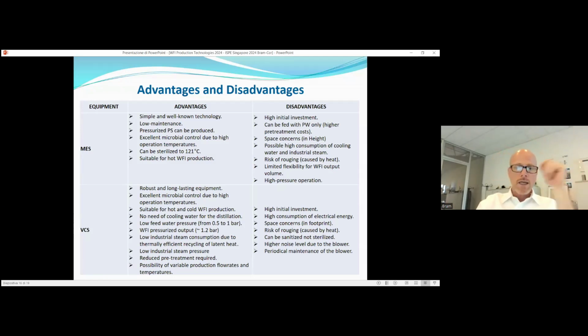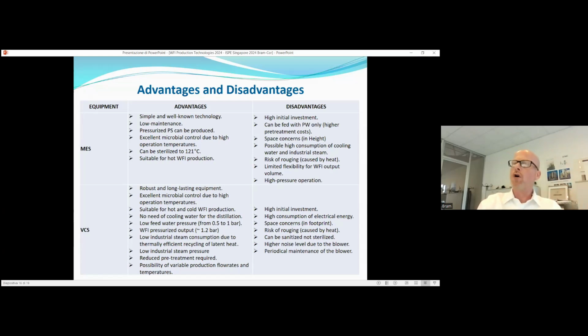Vapor compression distiller: which are the advantages and disadvantages? Let's say that it is a technology that we have seen over the years to be quite robust and long-lasting. I would say that we still have customers that are working with vapor compression machines of the late 80s or the 90s.